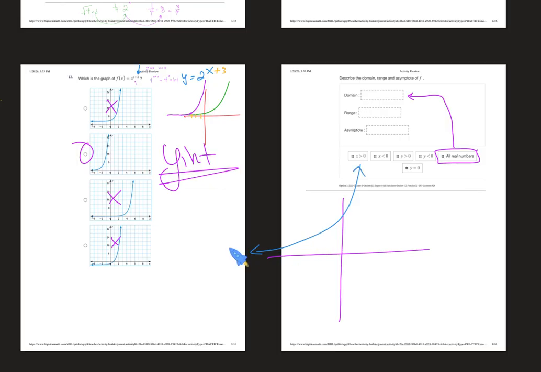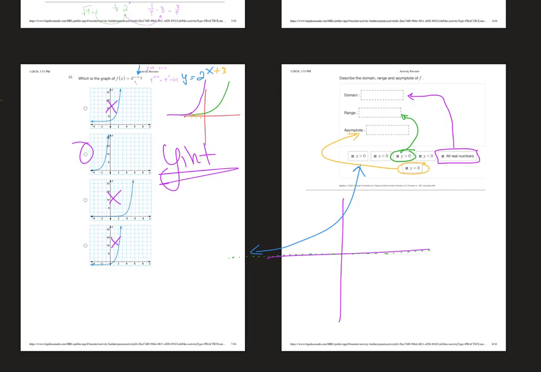X will approach negative infinity. X will approach positive infinity. The range will not. The range is going to be y is greater than 0 because this thing is never going to touch this line right here of y equals 0. Okay? And then the asymptote is y equals 0.